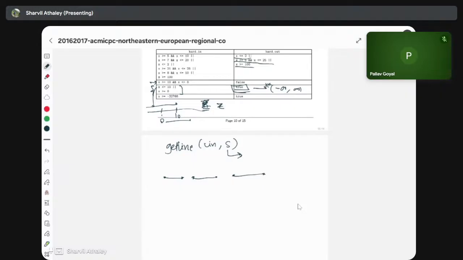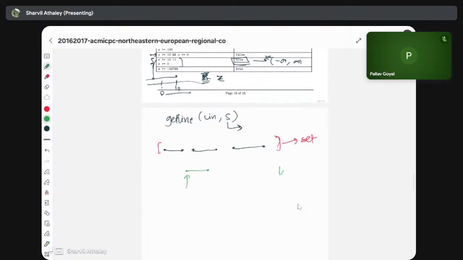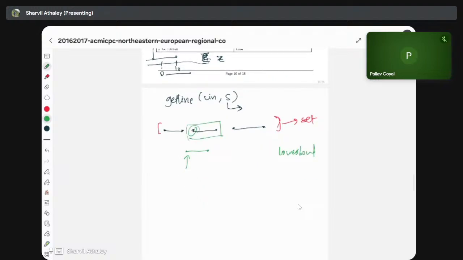These disjoint sets will be stored in a set, and whenever you'll be adding a new interval, say something like this, you'll binary search in the set, use the lower bound function, and find the smallest segment that has L greater than or equal to your current L that is to be inserted.